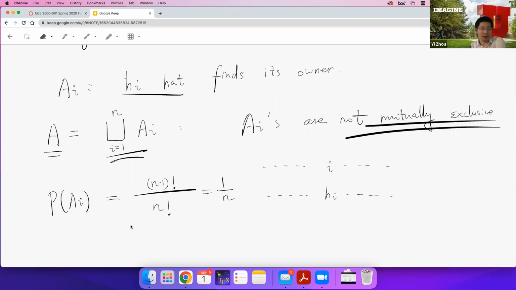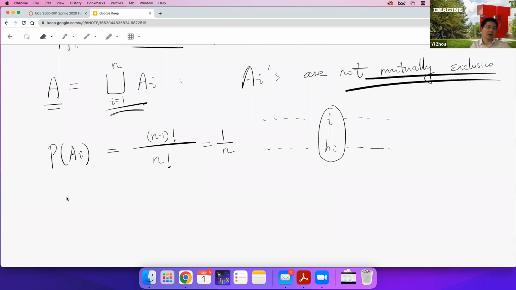Here we can utilize classic probability theory, because every single permutation is equally likely to happen. So we just calculate the number of desired outcomes divided by the total number of outcomes. Here we are looking at the i-th person getting his own hat, and the rest of the people can have random permutations, so we have this many possible outcomes.